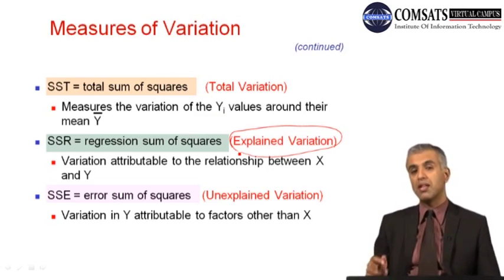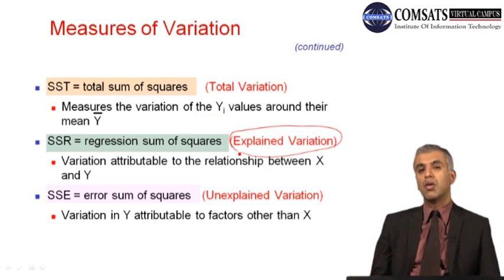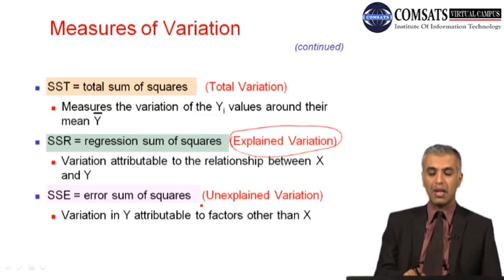However, it's not necessary that the variables we include will be able to explain all the variation. The variation which is caused by some unknown variables that are not included in the model is measured through SSE, which is termed the error sum of squares, hence the name error.